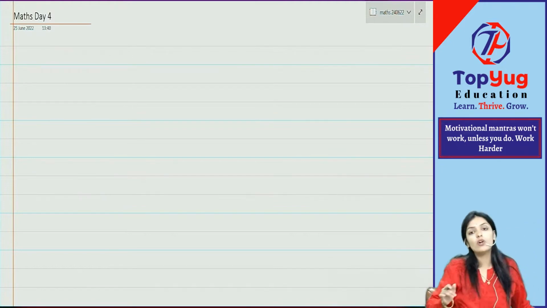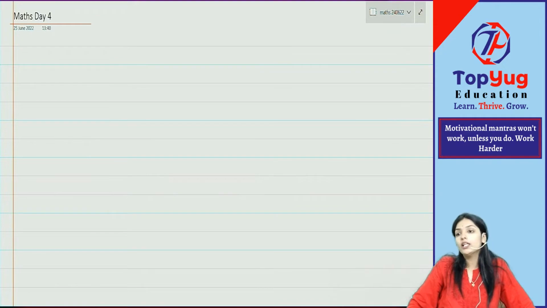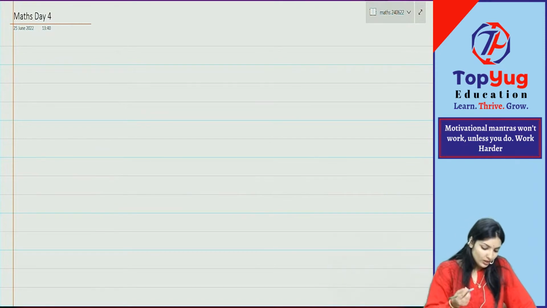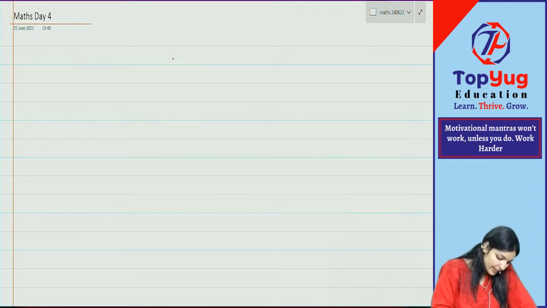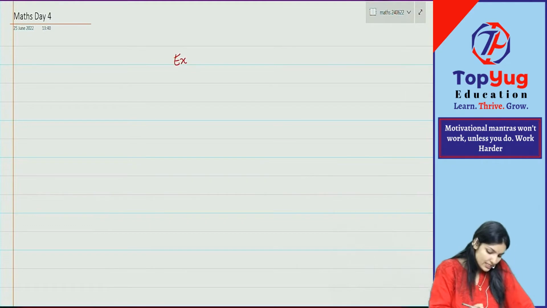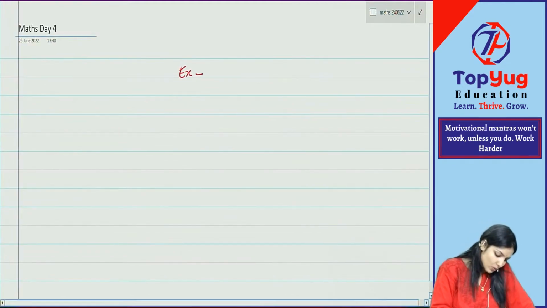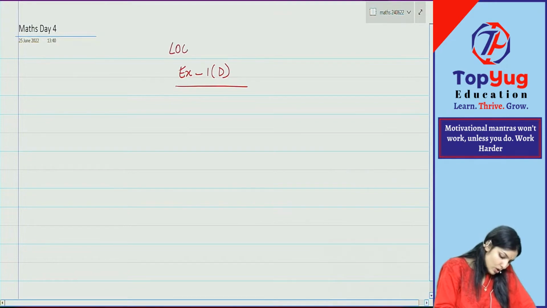And your homework for today would be all the illustrations and examples of logarithms. Am I clear? So, chalo, I would be writing a heading over here. Exercise 1D. Okay. So, logarithms.